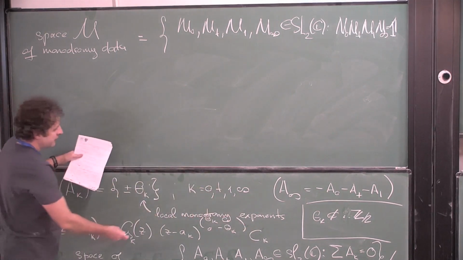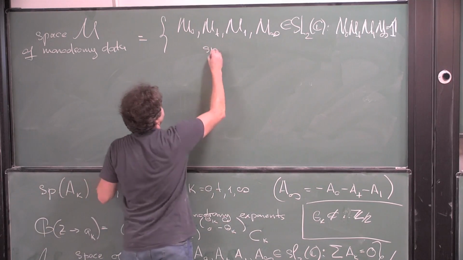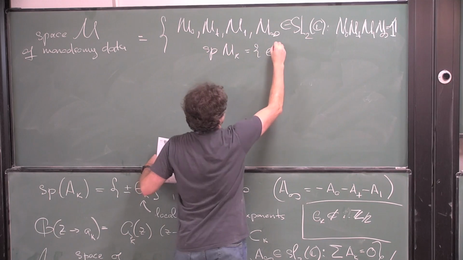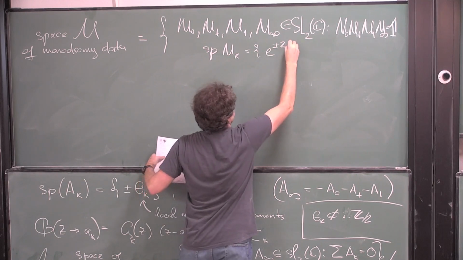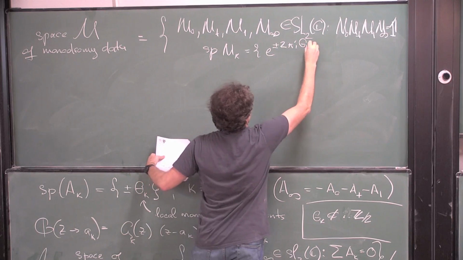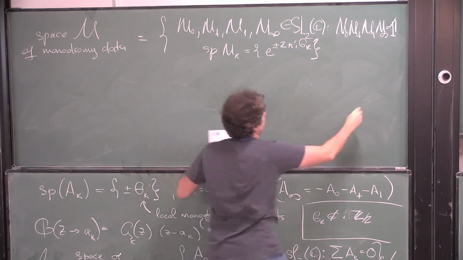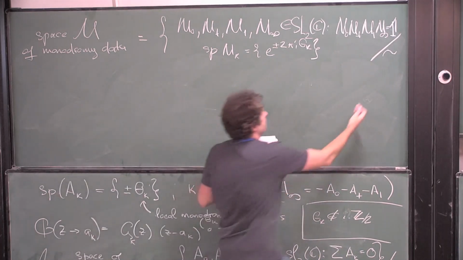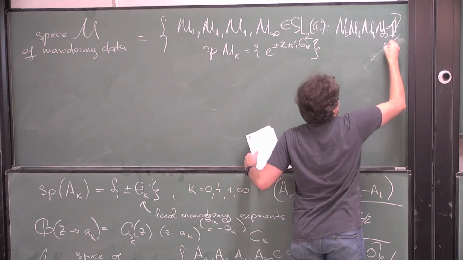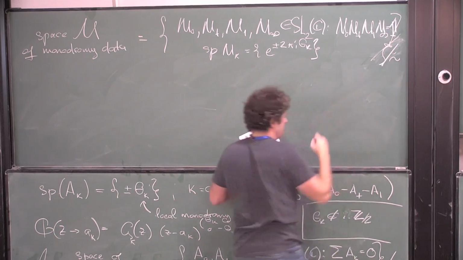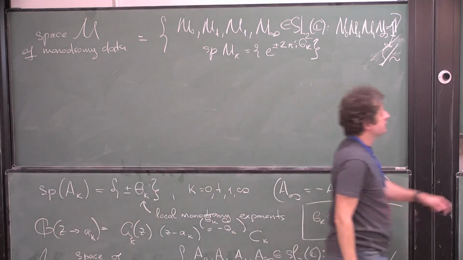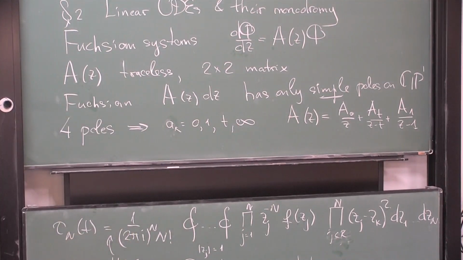It is fairly clear that the eigenvalues of M_k will be exponential of plus minus 2 pi i theta_k. And this, again, should be considered up to simultaneous conjugation, because we can choose a basis of solutions in a different way, and this conjugation reflects that freedom.